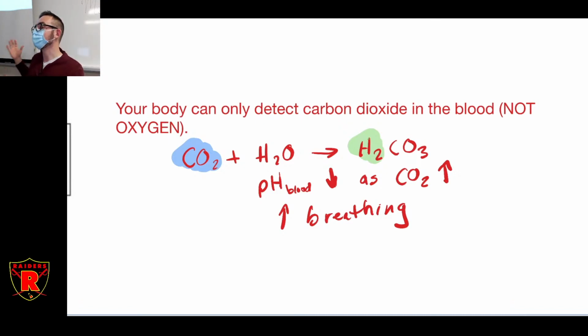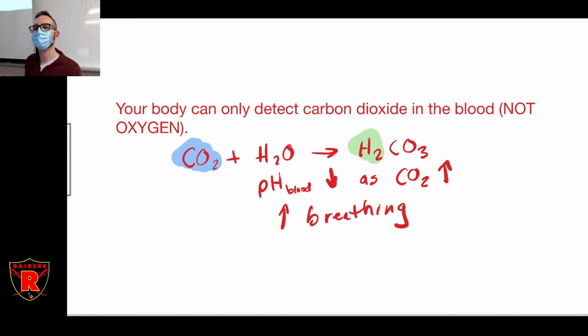And this is what is regulating how much you ventilate. It's purely based on how much carbonic acid is in your blood. So high blood pH means you don't have very much carbonic acid, which means you don't have much CO2, which causes your body to naturally ventilate at a slower rate. And the exact opposite is true if you have really low blood pH, that is high acid content in your blood.